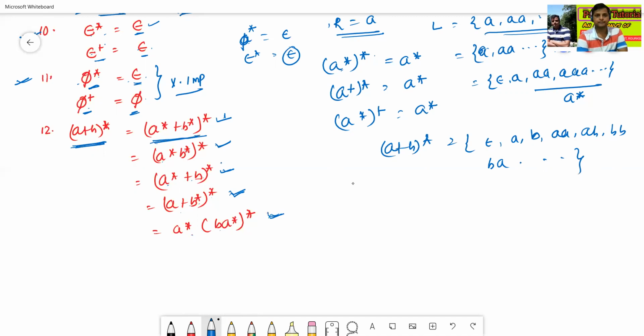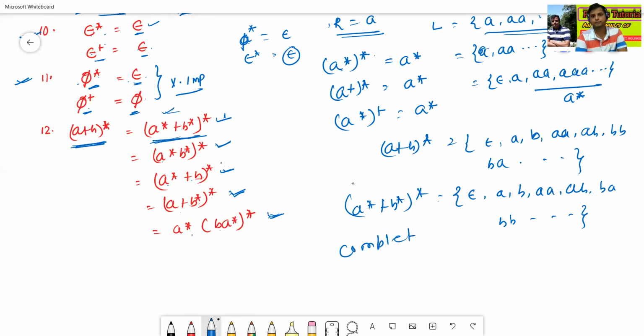If we convert this into regular expressions like a star plus b star whole star, it also gives epsilon, a, b, aa, ab, ba, bb, like this. It gives the complete language.